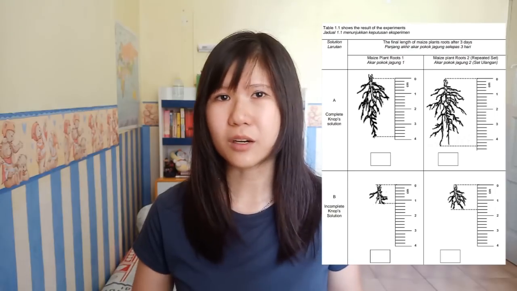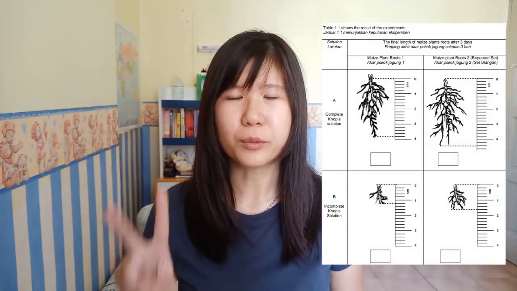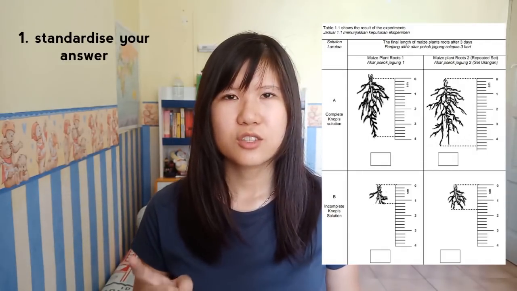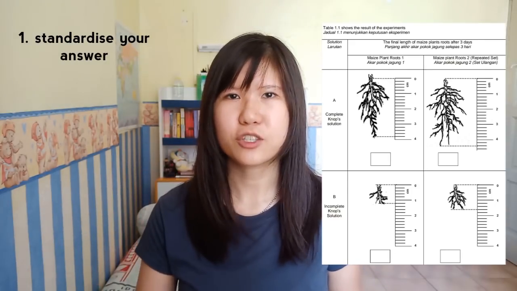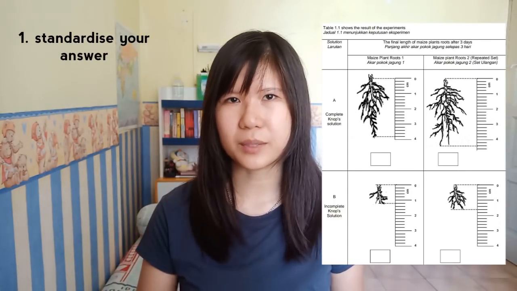So we'll actually proceed into answering question 1. And usually for question 1, the first thing that they will ask you is to tabulate the data, and usually the data will be on measurements. So there are 2 things to remember when it comes to this. So the first thing is to always standardize your answer. So let's say you decided to put the measurements in 2 decimal places, then make sure that you put everything in 2 decimal places.